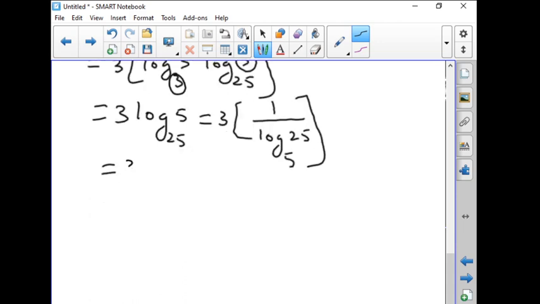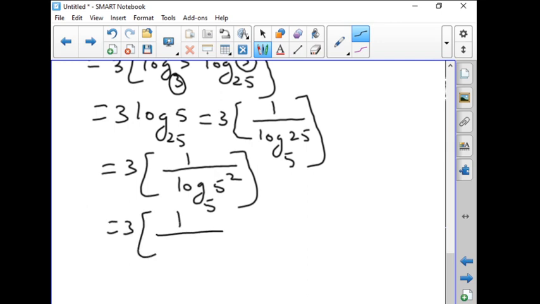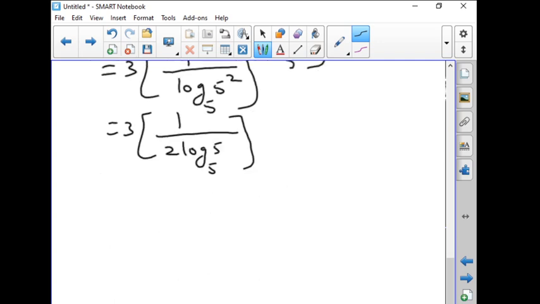It is equal to 3 into 1 by log 25, which is 5 square, to the base 5. So it is equal to 3 into 1 by 2 log 5 to the base 5. 5 to the base 5 is 1. So this is equal to 3 by 2, since log a to the base a is equal to 1.